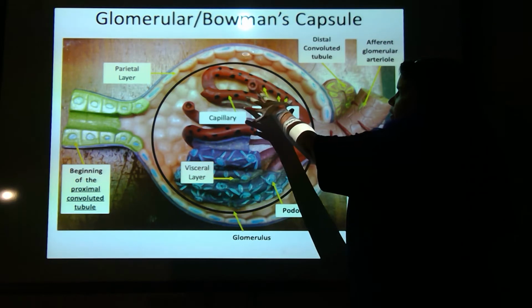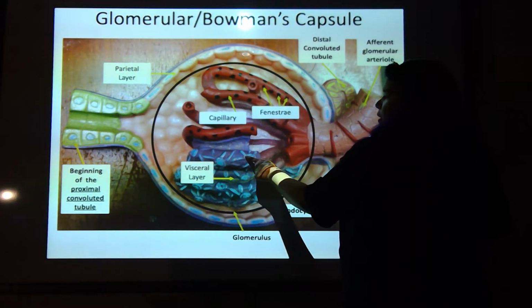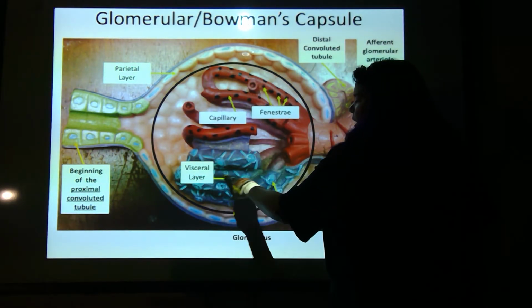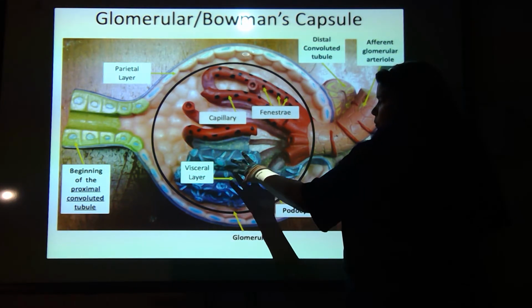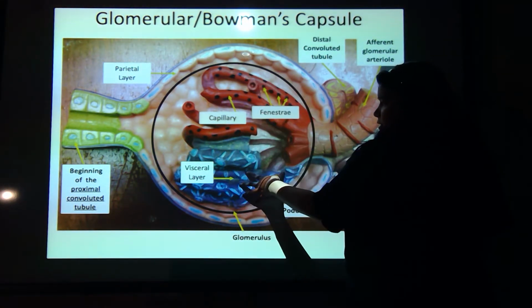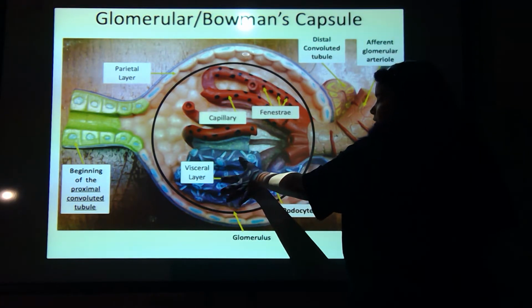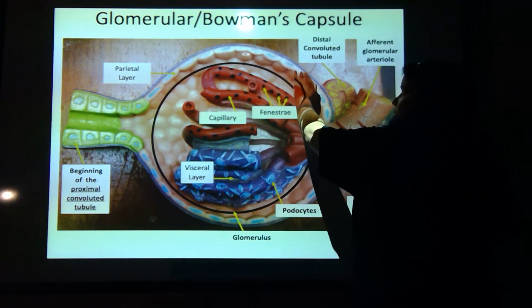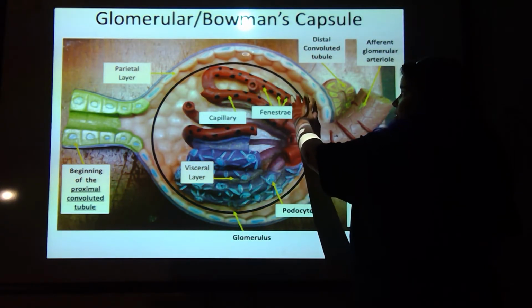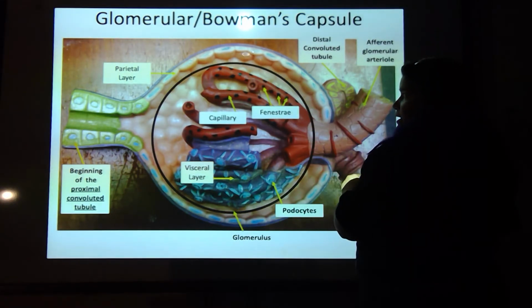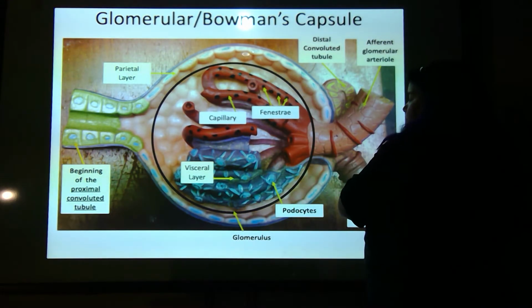And it's exposed over here, but I've got those podocyte cells here, okay? So I've got some uncovered, I've got some covered. This is my visceral layer. This is my parietal layer of cells out here, okay? And this space, again, is that urinary space.